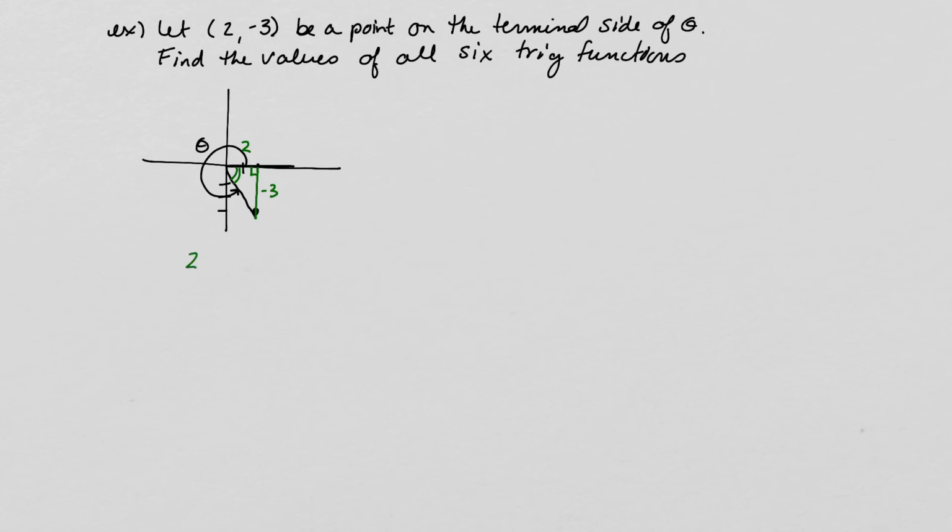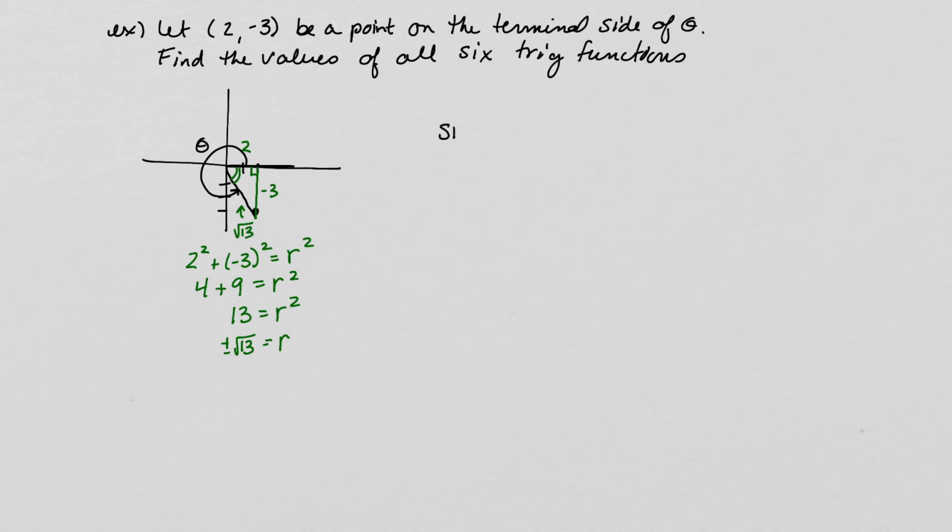So 2 squared plus (-3) squared equals r squared. So 4 plus 9 equals r squared. So 13 is equal to r squared. So r is plus or minus the square root of 13. In our case, remember we take the positive. So this is going to be the square root of 13.